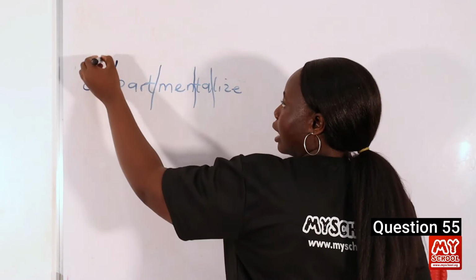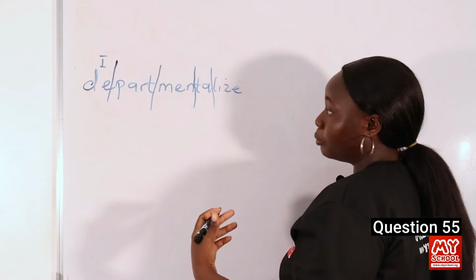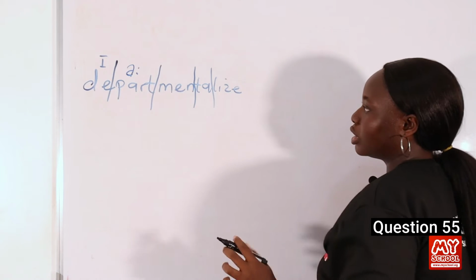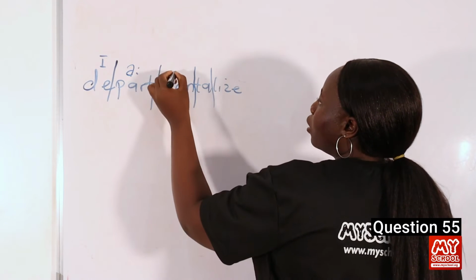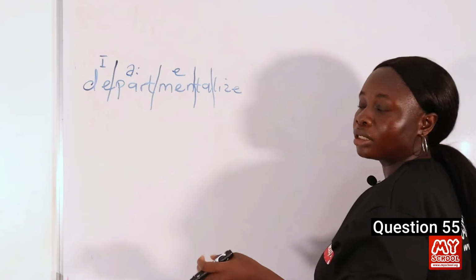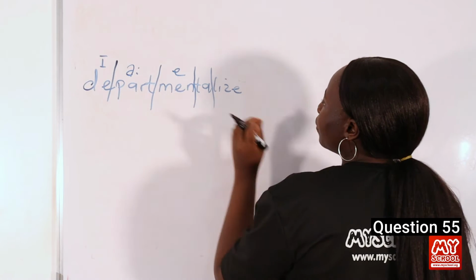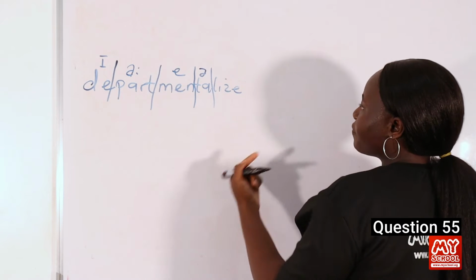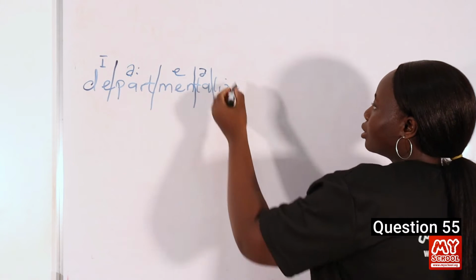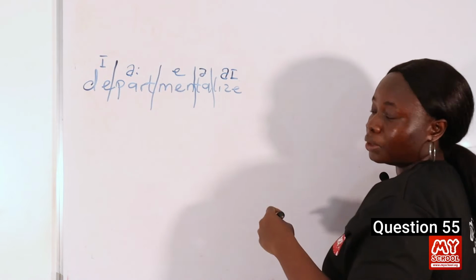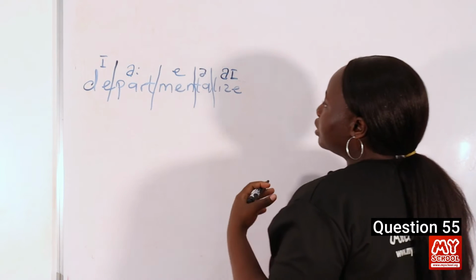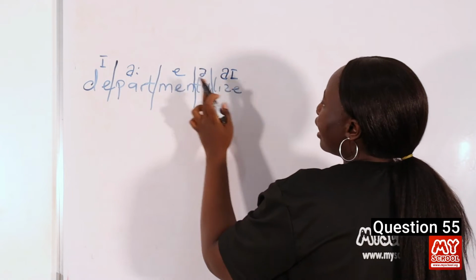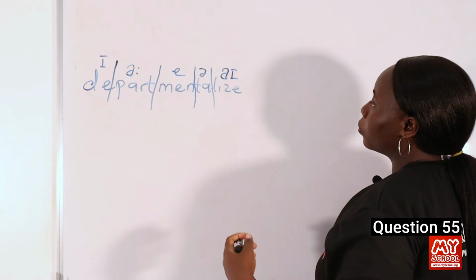The syllable de has the short sound, so that's a weak syllable. Part has the sound, it is not a weak syllable. Then we have men, which has the vowel sound, it is not a weak syllable. Then we have tal, it has the schwa vowel sound, that is a weak syllable. And finally we have ize, which is not a weak syllable. From each of these, we can see that only part, men, and ize are not weak syllables.